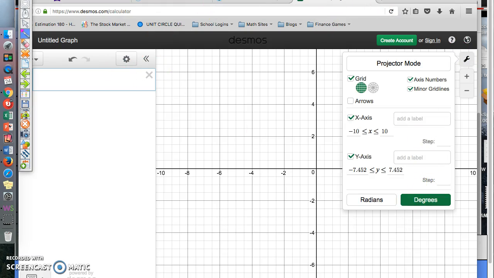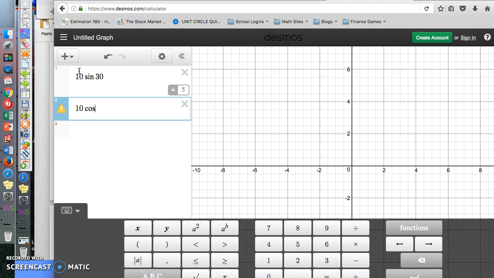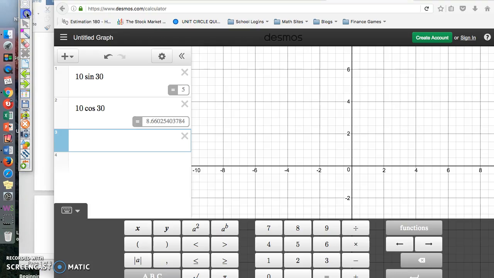So 10 sine of 30, 10 cosine of 30. So we have 5 and 8.66. So x equals 5, y equals 8.66. Fill in the blanks below: the x part was 5, and 8.66 was our y.